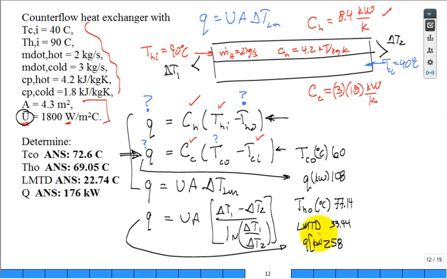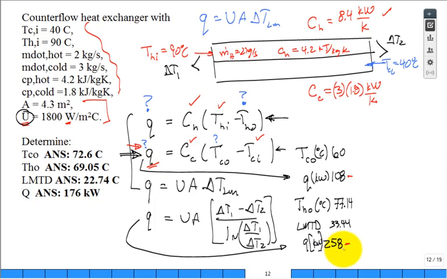Now, I can take a look. Is 108 and 258 the same? I didn't have a very good guess. I need to revise my guess. How am I going to revise my guess of the cold outlet temperature? I'm going to go back to this equation, and I'm going to say the Q is 258.